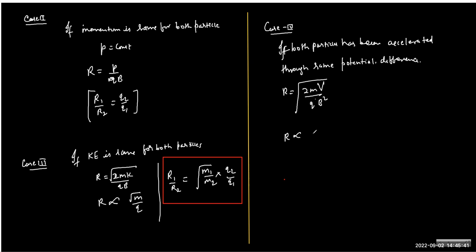So R will be proportional to, because V is the same, B is the same, and 2 is constant, so we can write like this. Is this clear? Yes, sir. Okay.